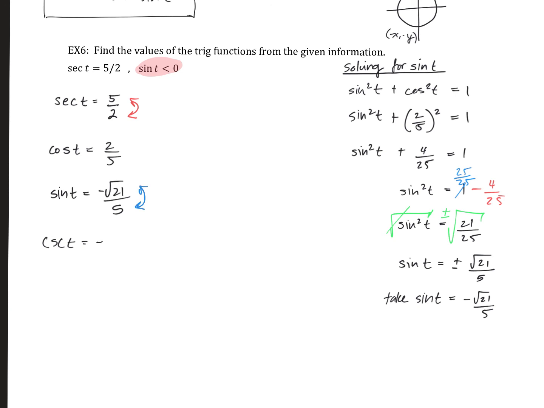So that'll equal negative 5 over root 21, which we need to simplify because remember we can't have that radical. So rationalizing, we'll get negative 5 root 21 over 21, which we cannot simplify. Ooh, we have 4. So now we just need 2 more.